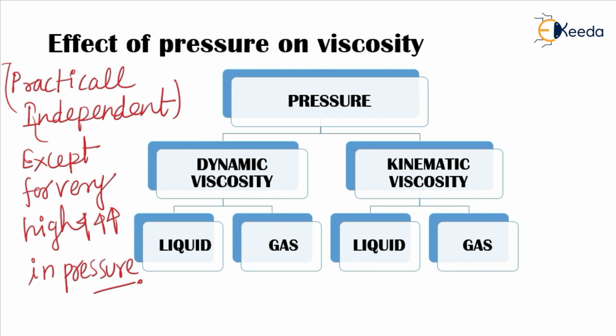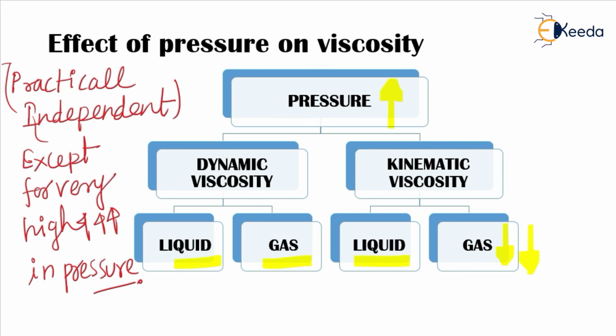So if we increase the pressure, then when we talk about dynamic viscosity, there will be no change, either for liquid or gas. Kinematic viscosity, again for liquid, no change. But for gas, the kinematic viscosity will decrease.